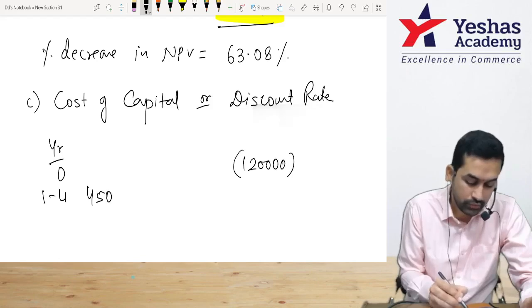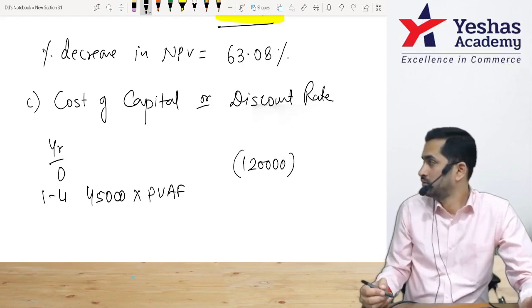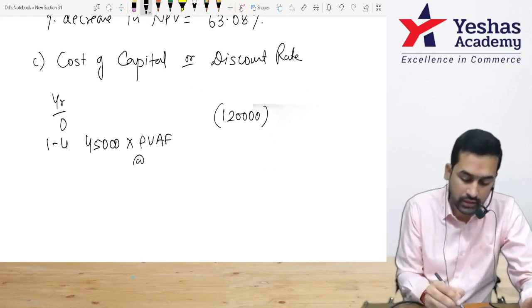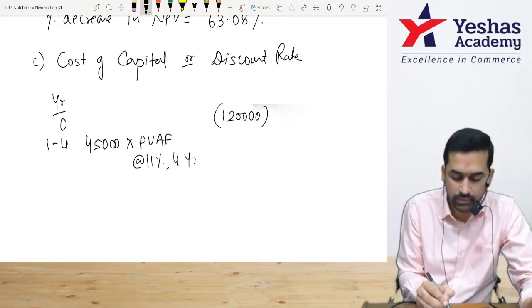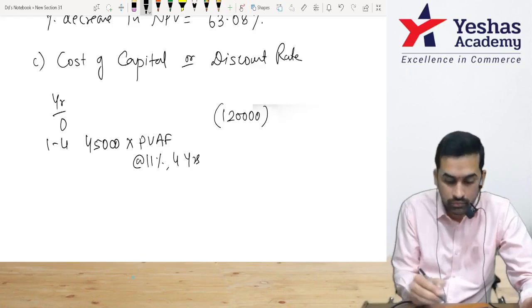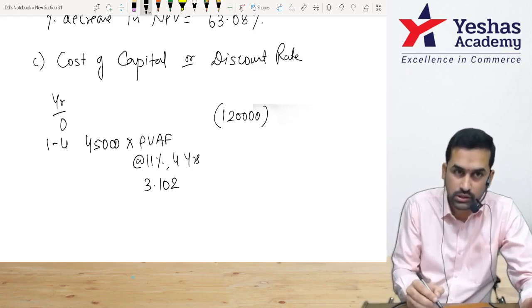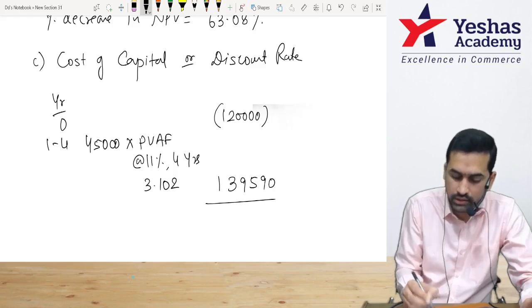Year 1 to 4, 45,000 will be multiplied by PVAF, original was 10%. We have to now take 11%, 4 years. 3.102 into this.